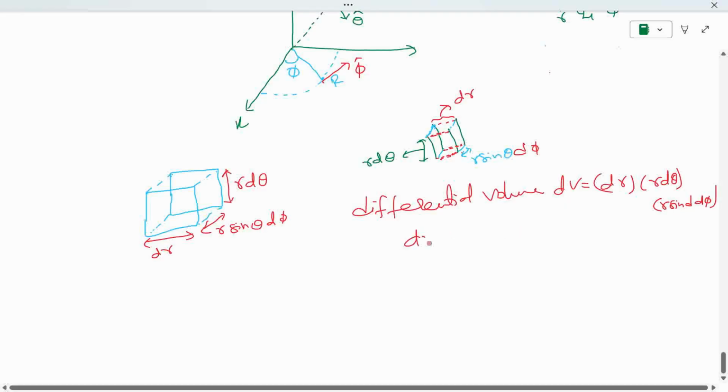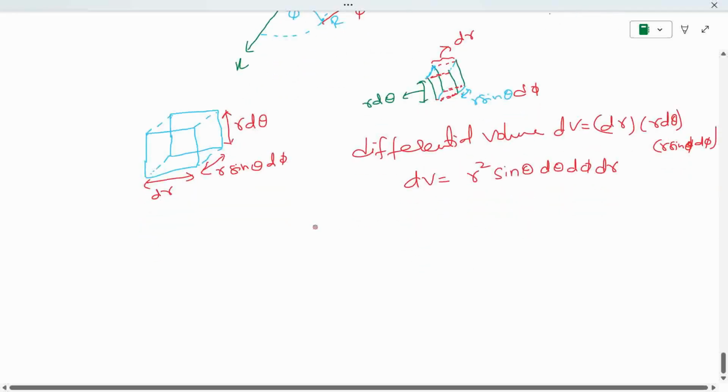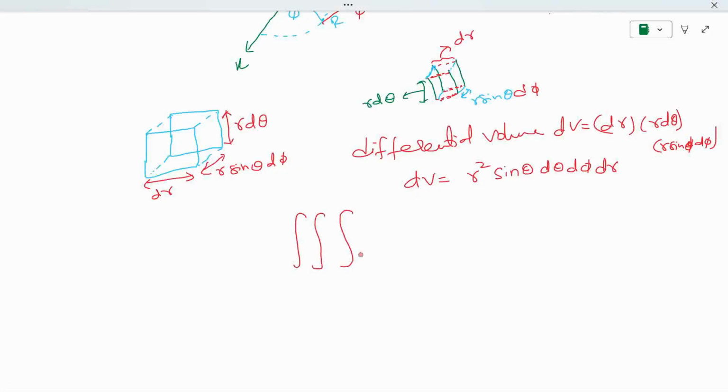Now we get dV is equal to r square sin theta dr d theta d phi, just interchangeably. Now when we do volume integration by applying all the limits on dV, we will get the volume of the sphere.